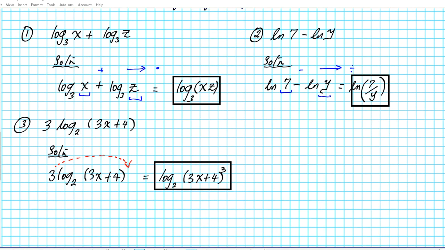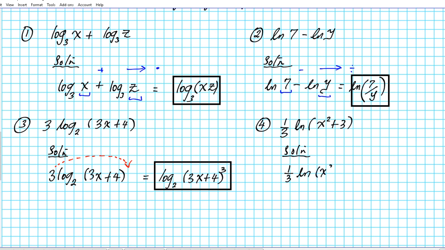Alright, let's take a look at question number 4. Now, what if we have 1/3 of the natural logarithm of x squared plus 3, and we want to condense that. So in this case, we're dealing with the natural logarithm and a fractional coefficient.